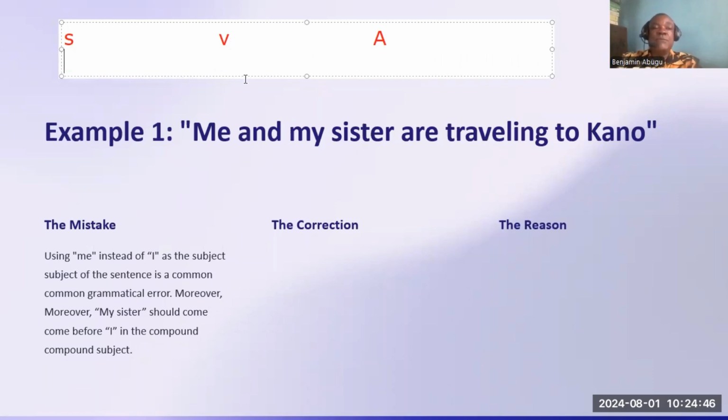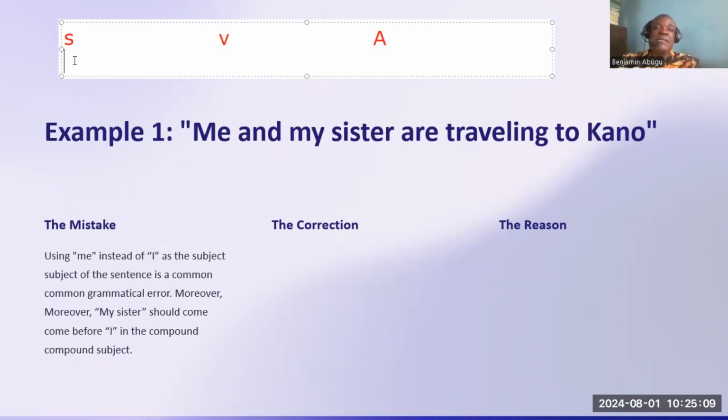Okay. Now, before you understand this explanation, I would like you to understand that the correct thing is my sister and I are traveling to Kano.